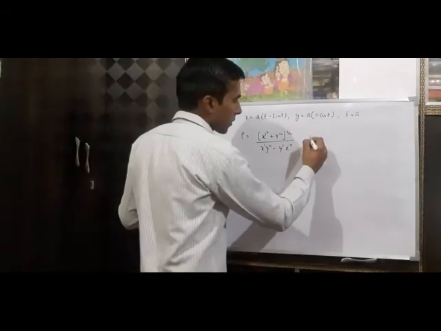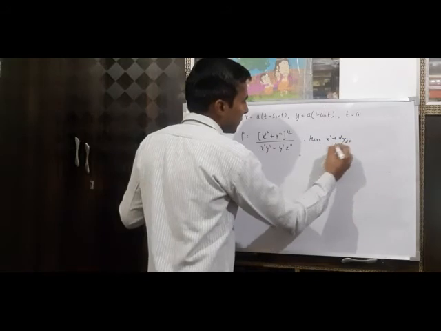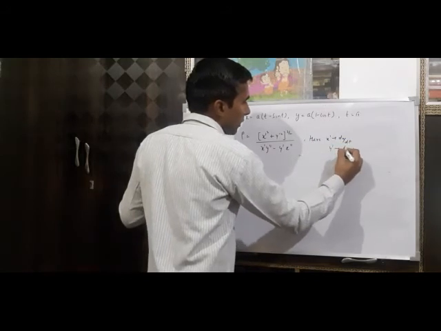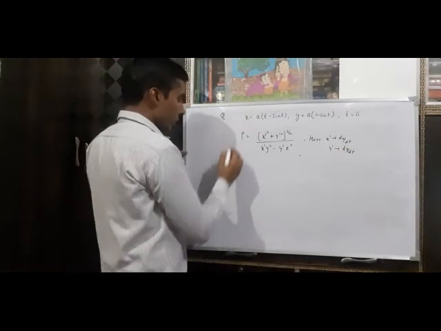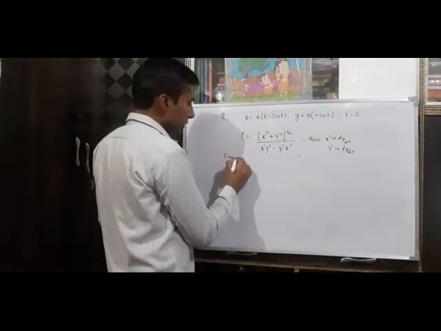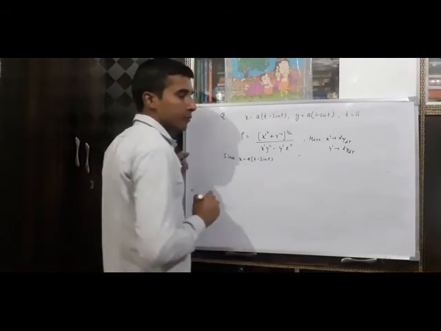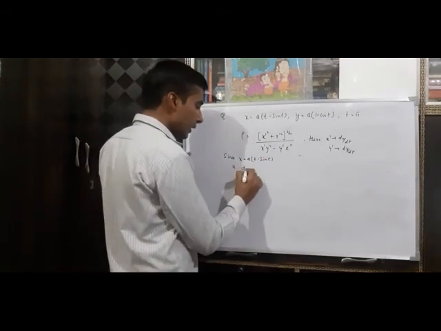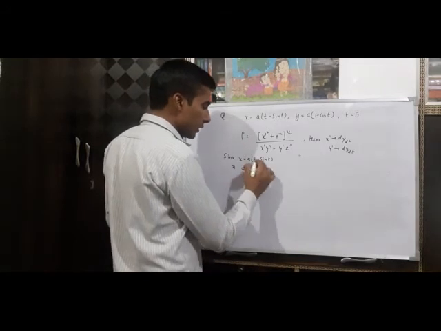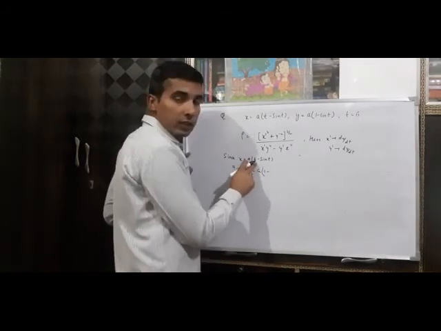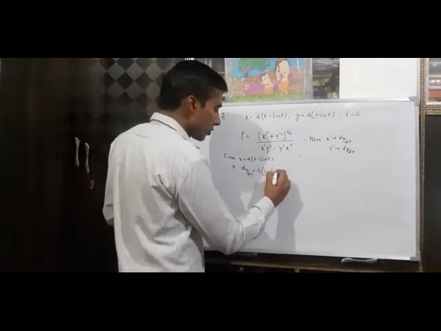This is the expression for the radius of curvature in case of a parametric equation. Here x prime means dx by dt and y prime denotes dy by dt. Since x is a into t minus sin t, dx by dt is, taking a as constant, the derivative of t with respect to t is 1 and the derivative of sin t is cos t.